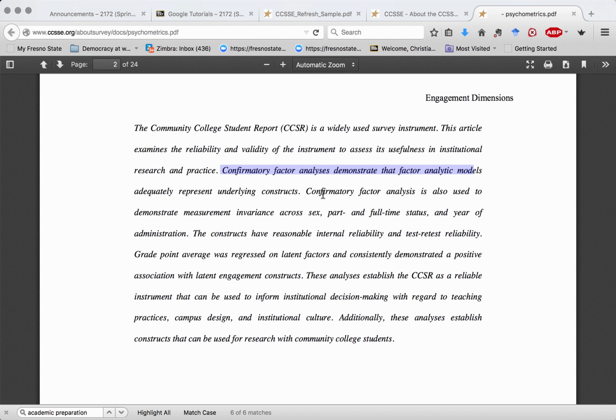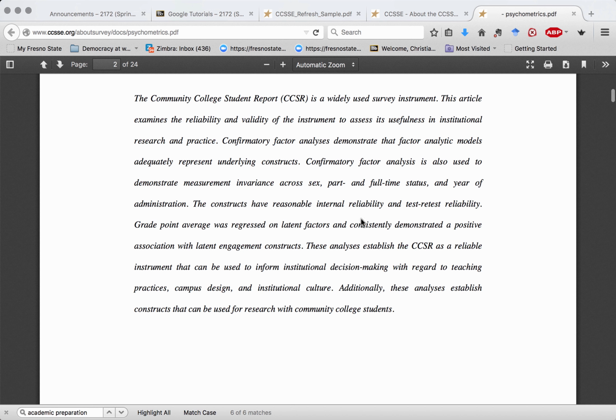But the confirmatory factor analysis is the stricter one. And then what we can also do here, we can test for measurement invariance. So when we test for invariance, it means that the structure does not vary across groups. For example, here we have the groups sex, so male and female, or we have part-time and full-time status, or year of administration.